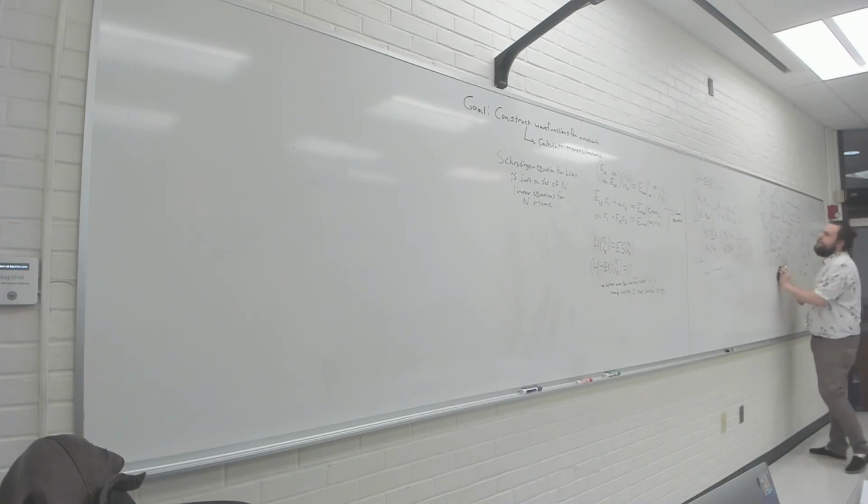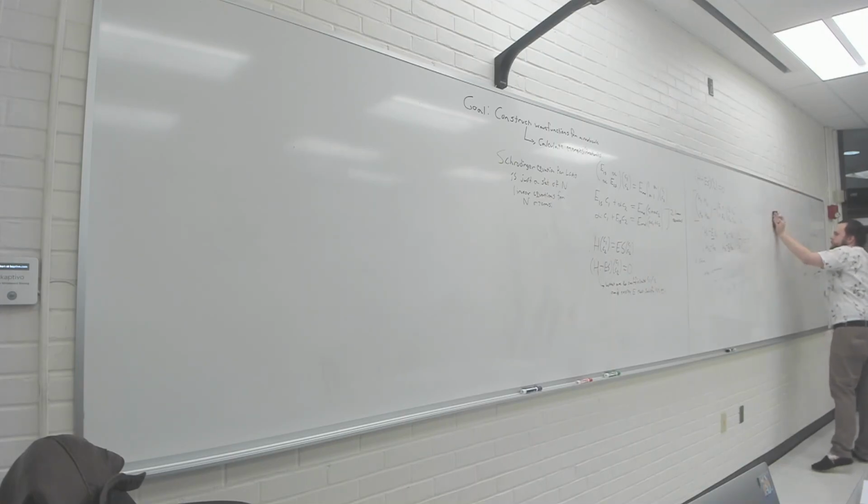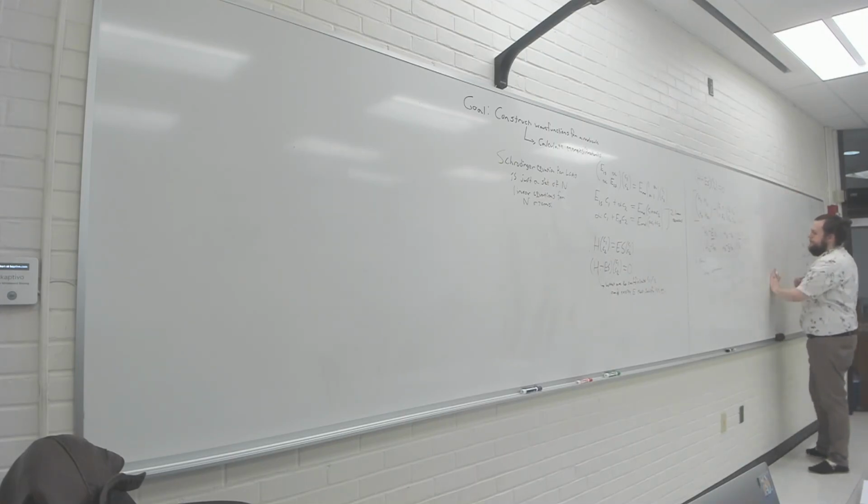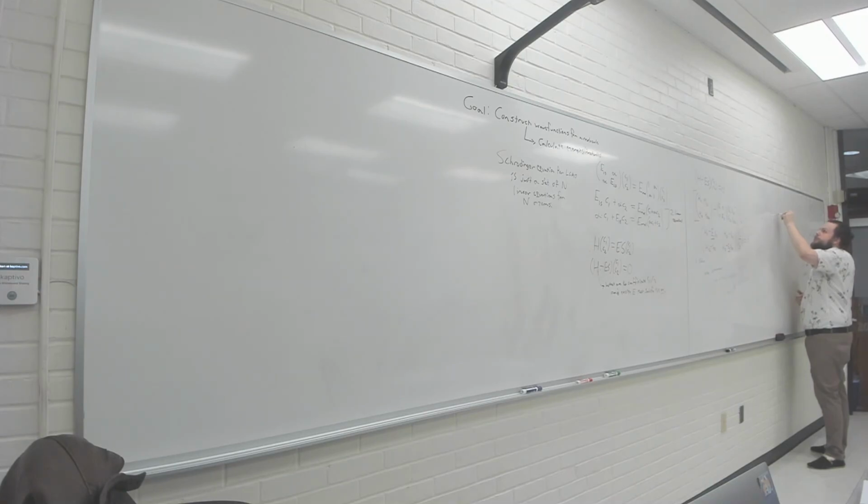And so what we need to solve then for this equation is the determinant of H11 minus E1 S11, H21 minus E S21, H12 minus E S12, H22 minus E2 S22 equals 0.